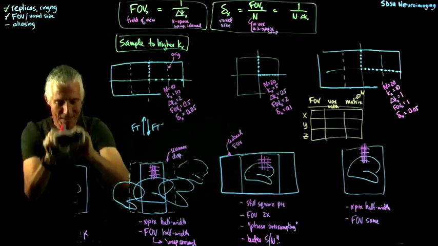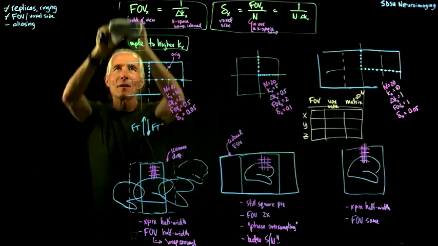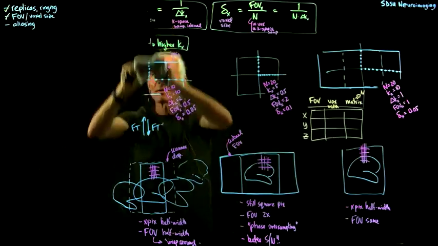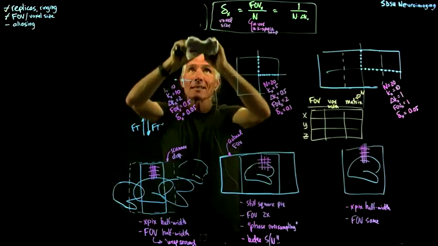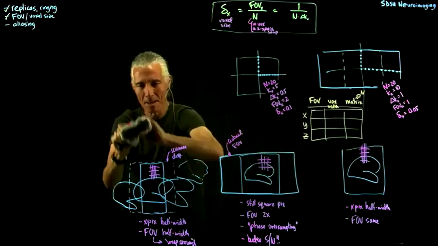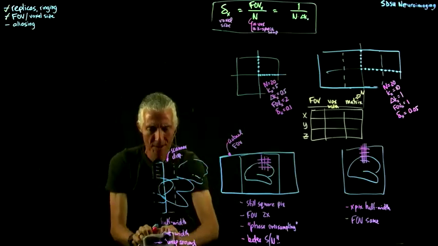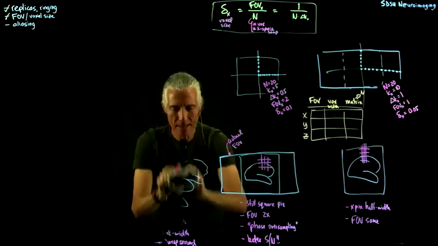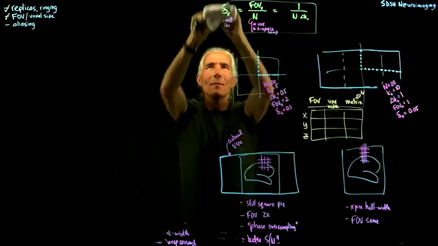Okay, so last thing, let's go back to replicas, which are the way that I first had this idea of wraparound in the frequency domain. And this goes along with the discussion of the Nyquist sampling interval.